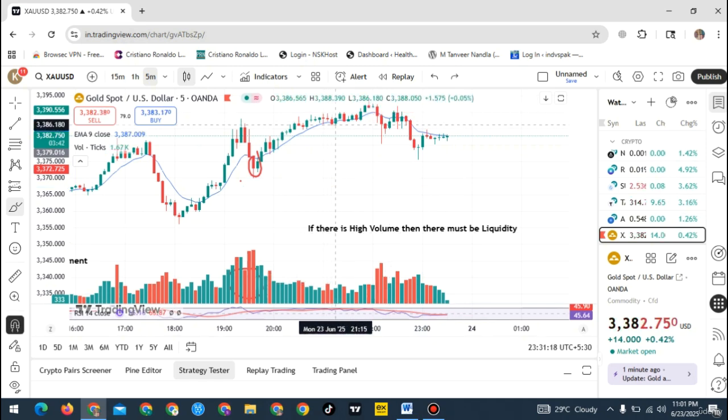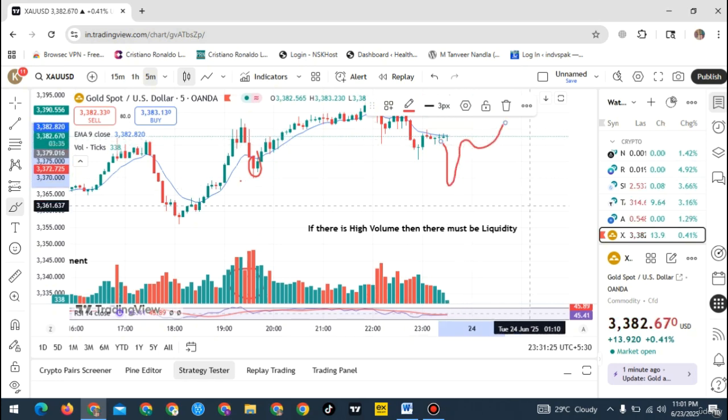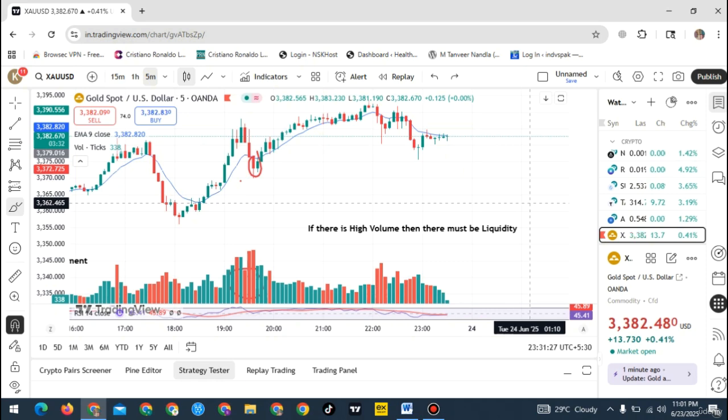Okay, got it? Maybe the market came down here and swept the liquidity and then will go to the upside. It may be possible. Okay, got it?